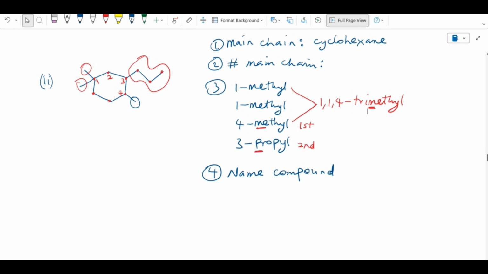So to name this compound, this will be 1,1,4-trimethyl-3-propylcyclohexane.